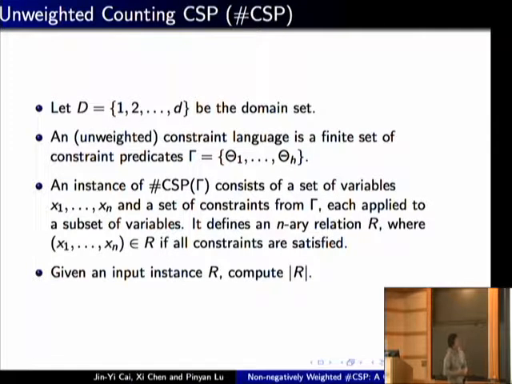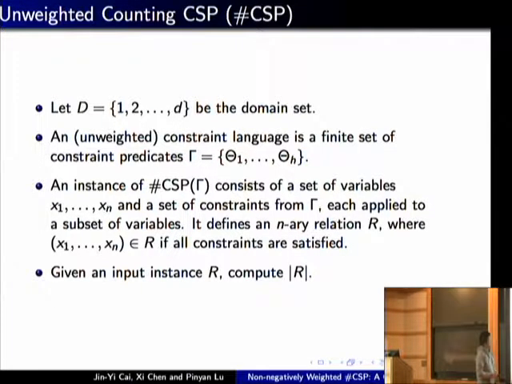So here is the definition of counting CSP. We have a capital D domain set, and you should always consider this set to be something constant. So D is maybe 2 or 3 or 4. Given this domain set D, we say gamma is a constraint language, an unweighted constraint language, if it's a set of predicates.